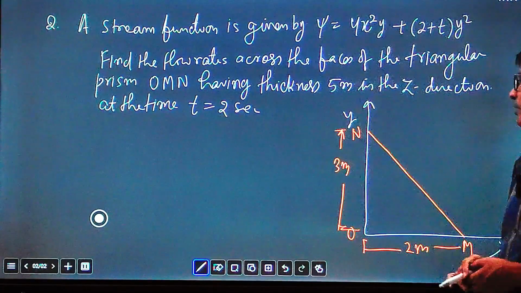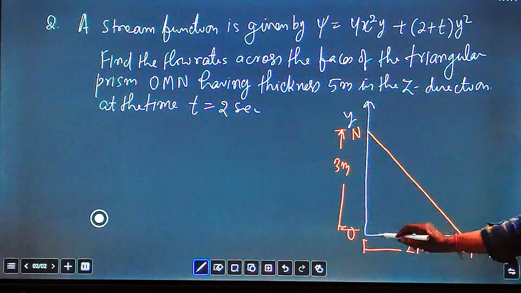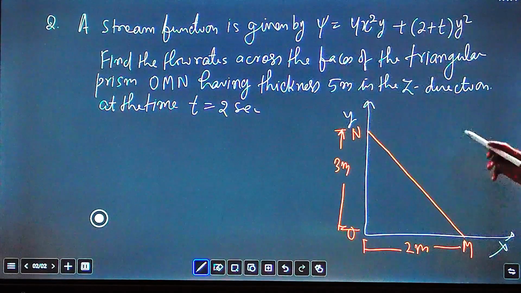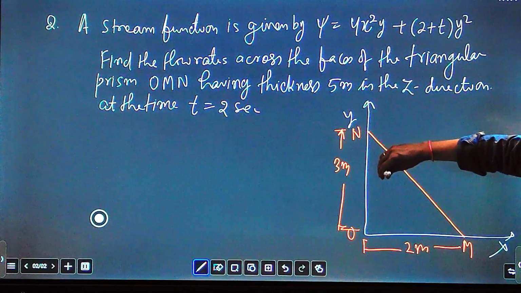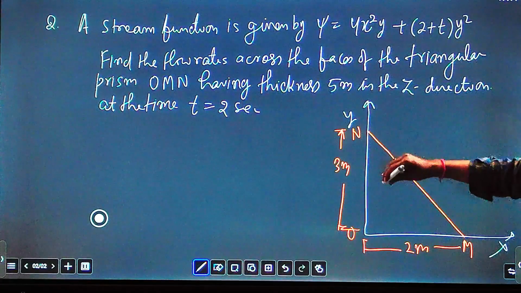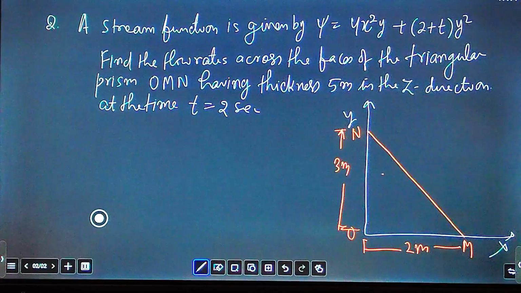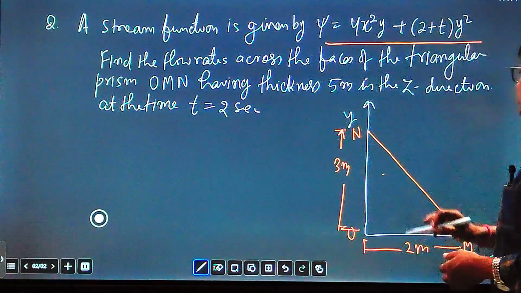This is the question where we have to find the flow rate across OM, across ON and across MN. The thickness here is given as 5 meter, along the perpendicular to this board. This is a prismatic type of flow channel through which flow is occurring, and the equation of the stream function is given.